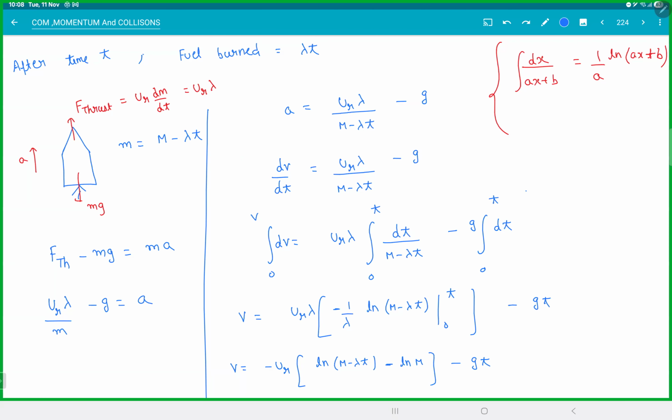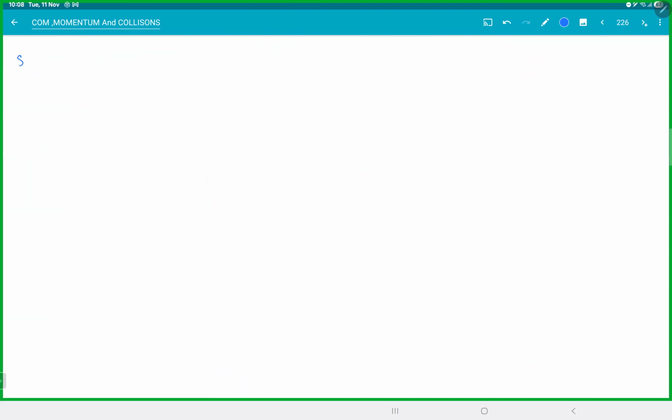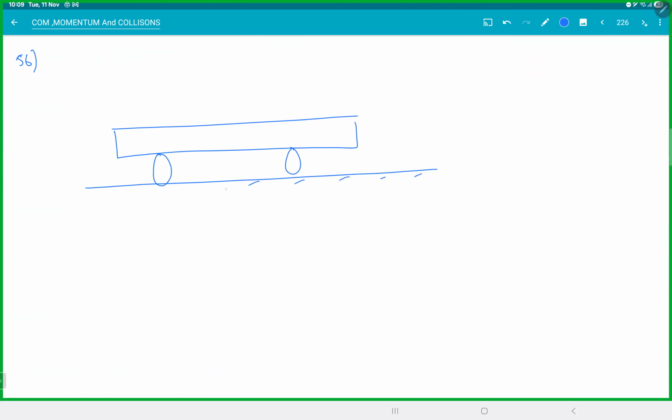Let's see one more. Let's say we have a trolley, and on top of this trolley there is a lot of sand.